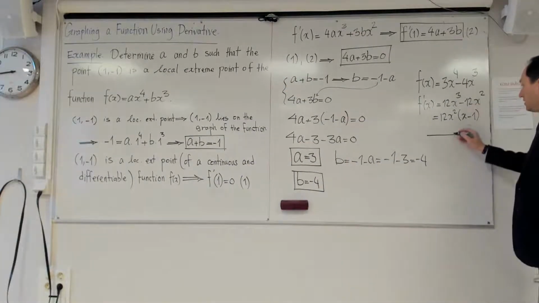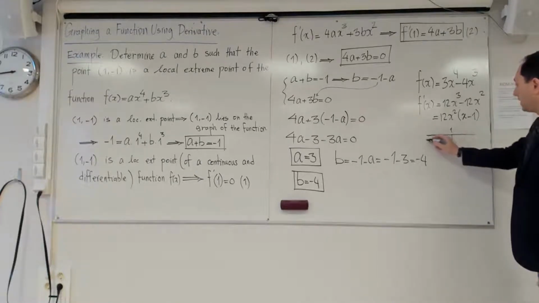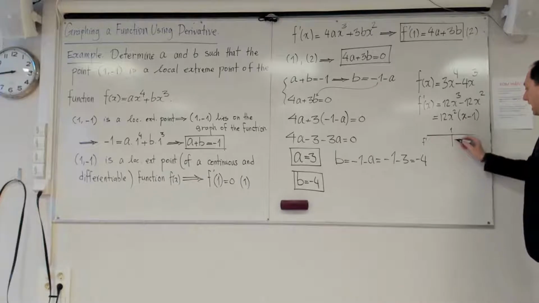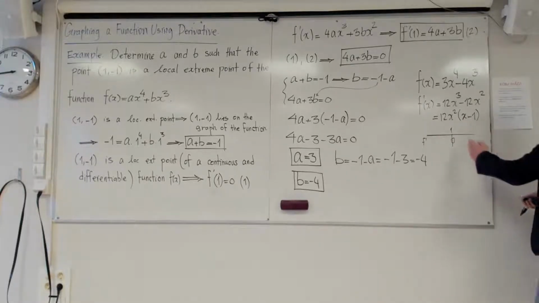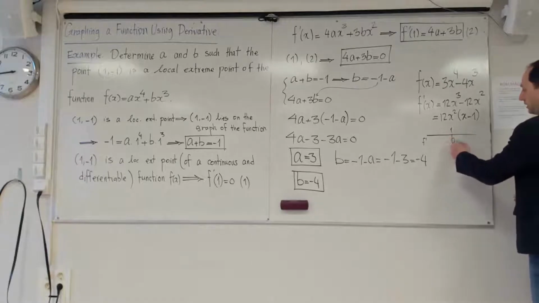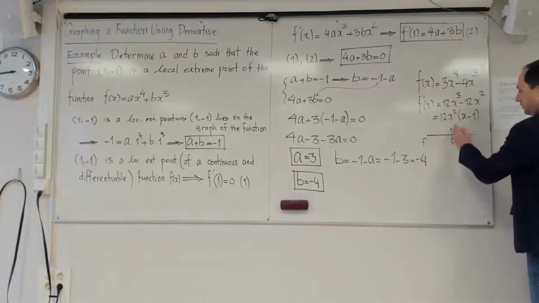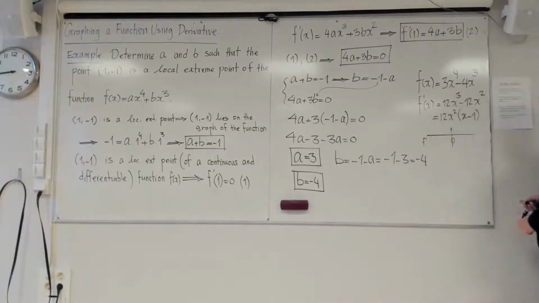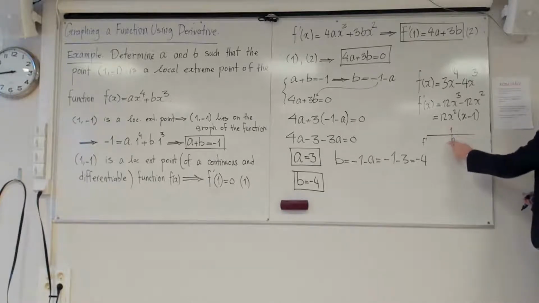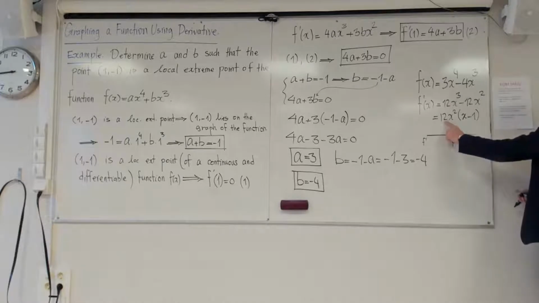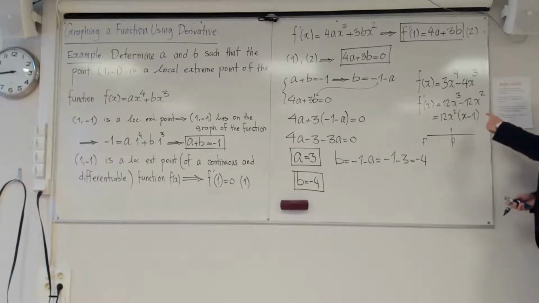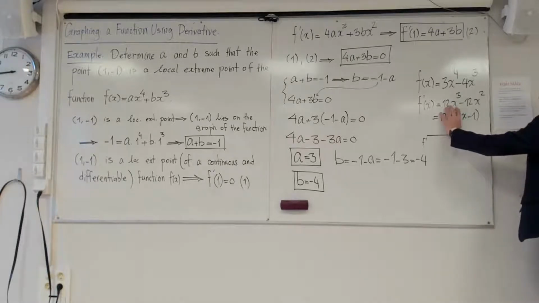What I do, I just write x equal to 1 here, and I say, okay, here is my derivative, and at this point, the derivative is 0. What is the sign of the derivative when x is smaller than 1? By the way, this is so simple that you don't even need to put random points here, because 12 is always positive, and x to the power of 2, because of the even exponent, is always non-negative. So I don't need to be worried about this part.